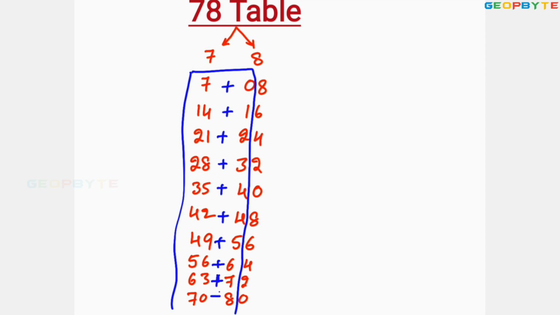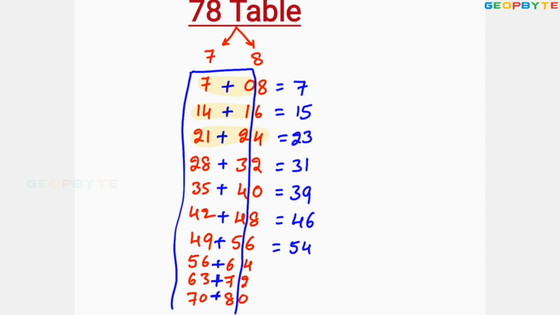Let us add the box inside values. 7 plus 0, 7 plus 0 is 7. Similarly, 14 plus 1 is 15. 21 plus 2 is 23. 28 plus 3, 31, 39, 46, 54. 49 plus 5, 54.